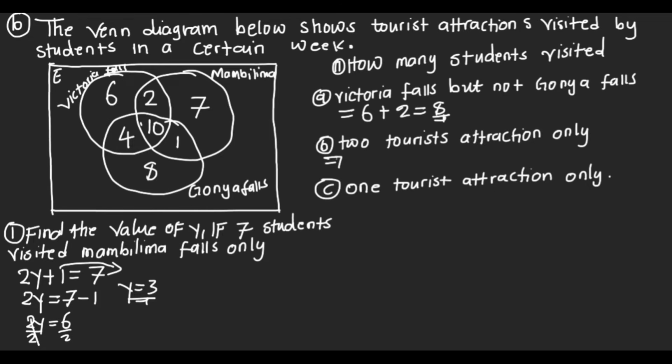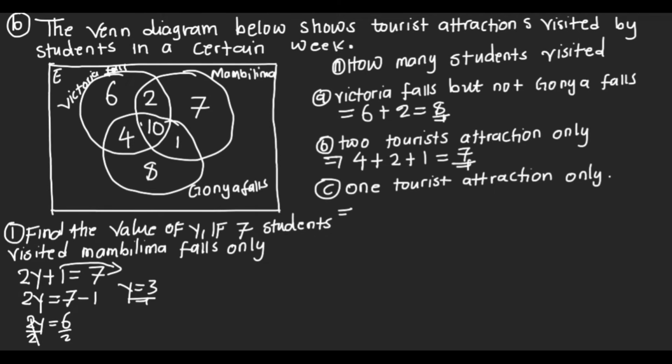2 tourist attractions only. So we want the 2 attractions only is this region, this region, this region, except the intersection of all the 3 sets. So our answer will be 4 plus 2 plus 1. So 4 plus 2 is 6 plus 1, 7.